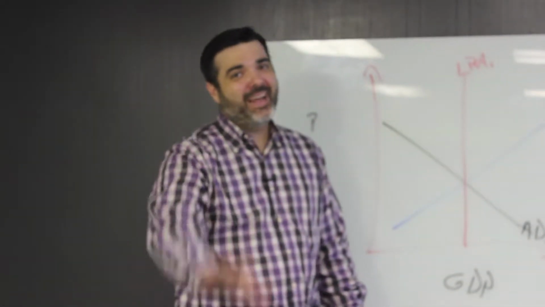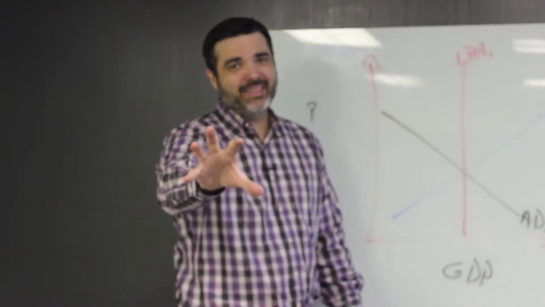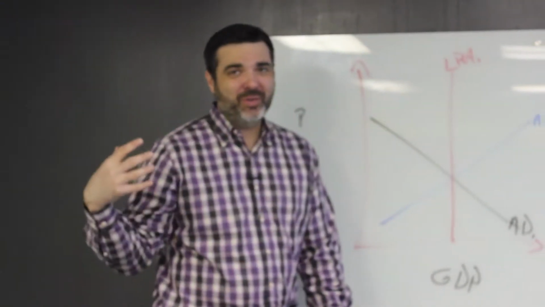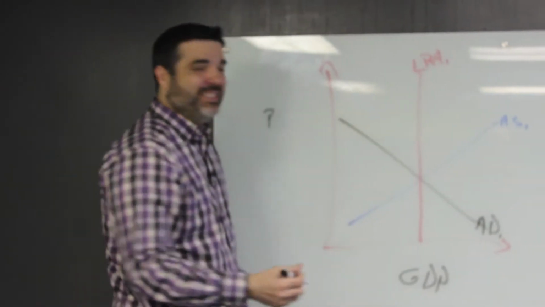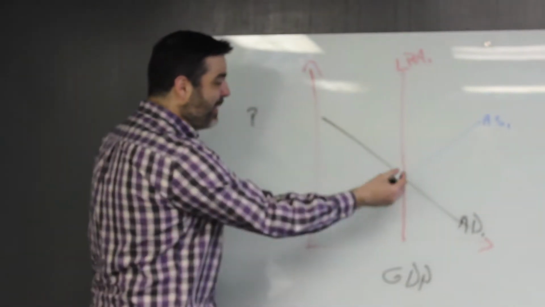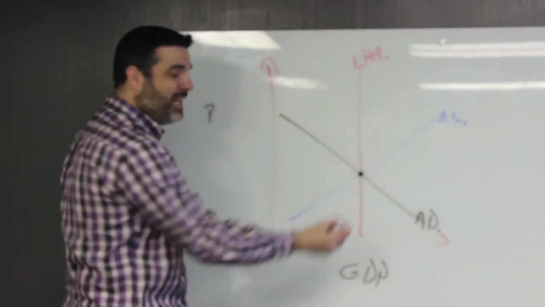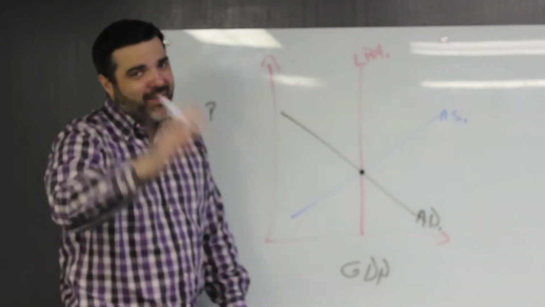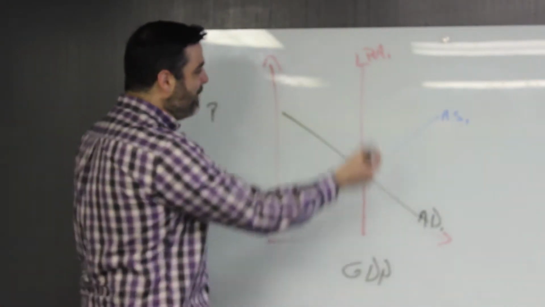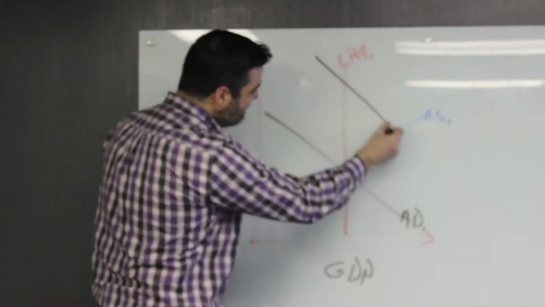Sound familiar? I hope this isn't what happens in our world, but it could be. When things are going pretty good and we're all kind of in that right spot, and then for whatever reason, maybe a tax cut happens.